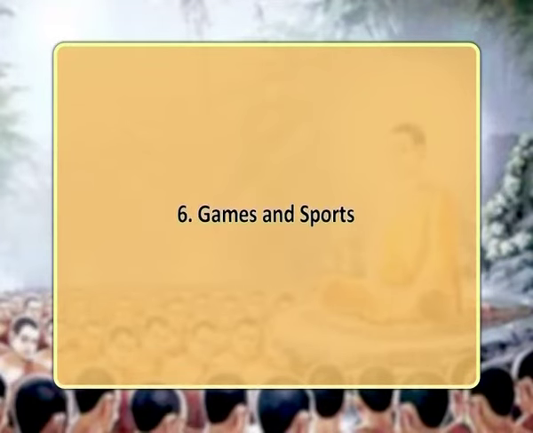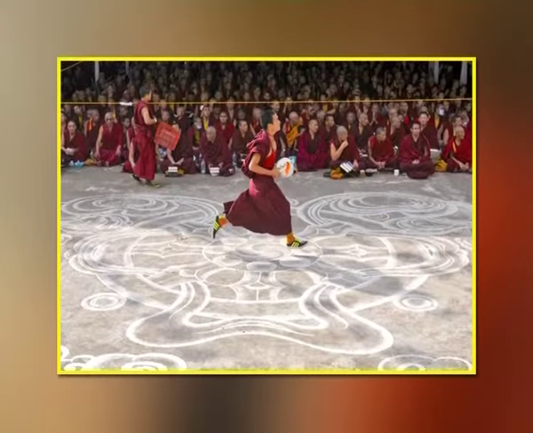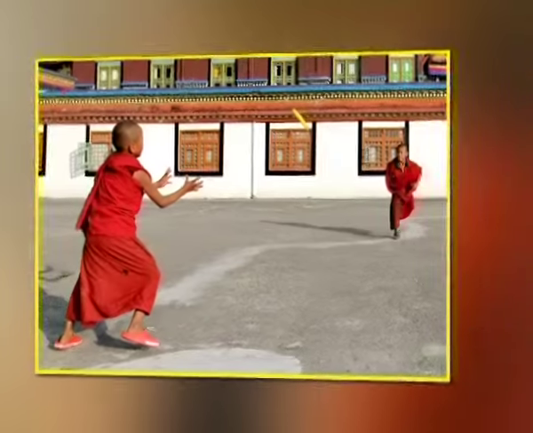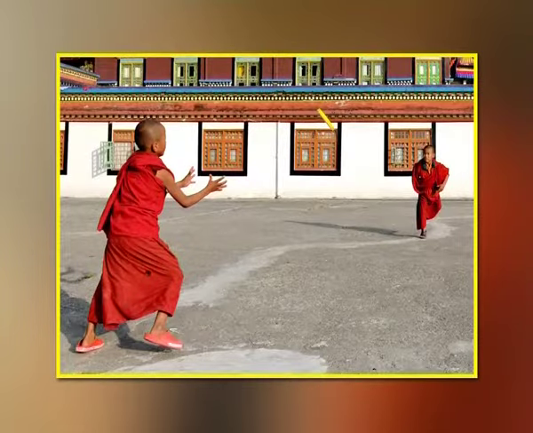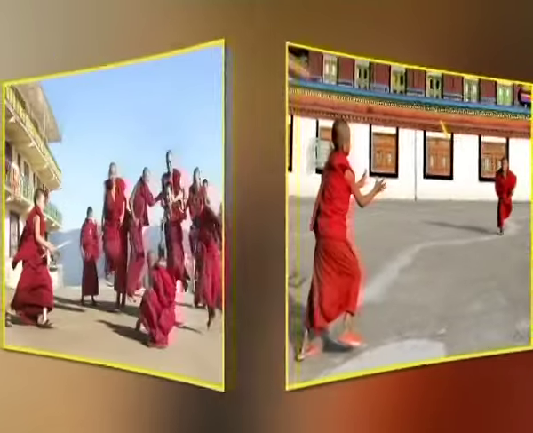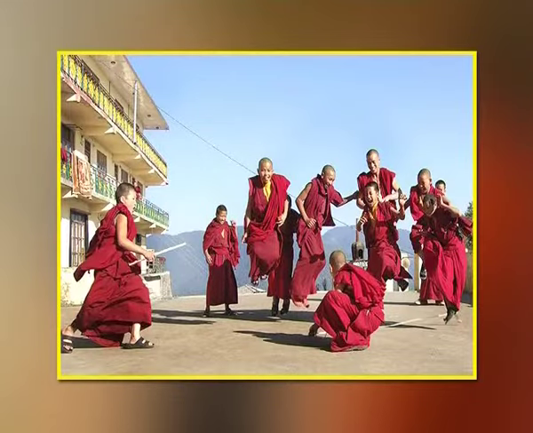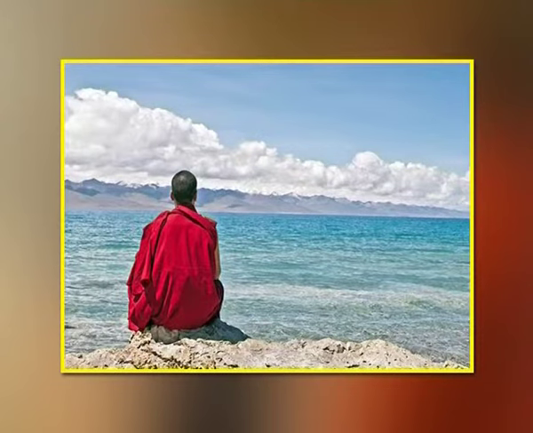Sixth category was that of games and sports. In monasteries, there was a provision for games and sports and other physical exercises because, according to Buddhism, a healthy body and a healthy mind are considered essential for healthy ideas.